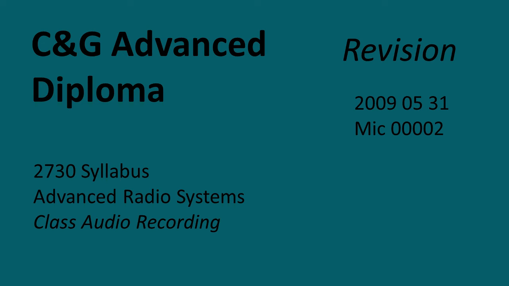Therefore the input noise will be the output noise, 15 into 10 to the power minus 14, divided by the gain 50.